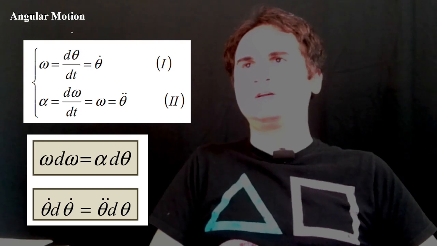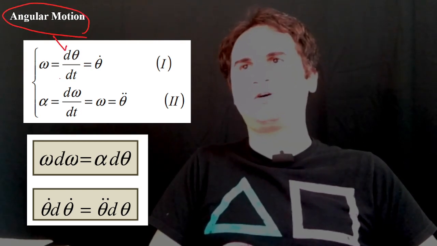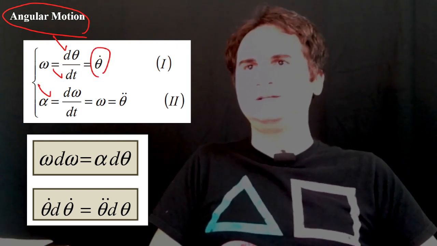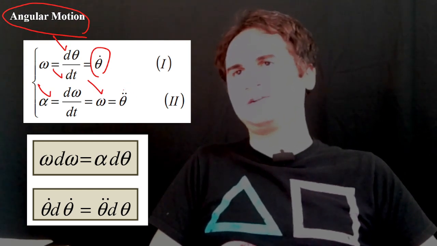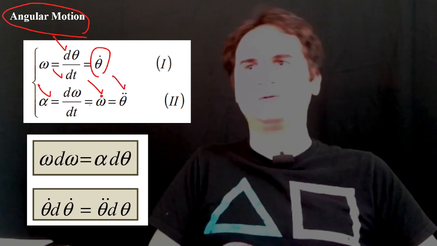Likewise, we can write the same equation in angular motion. Alpha is dw over dt, and that's w dot or theta double dot.